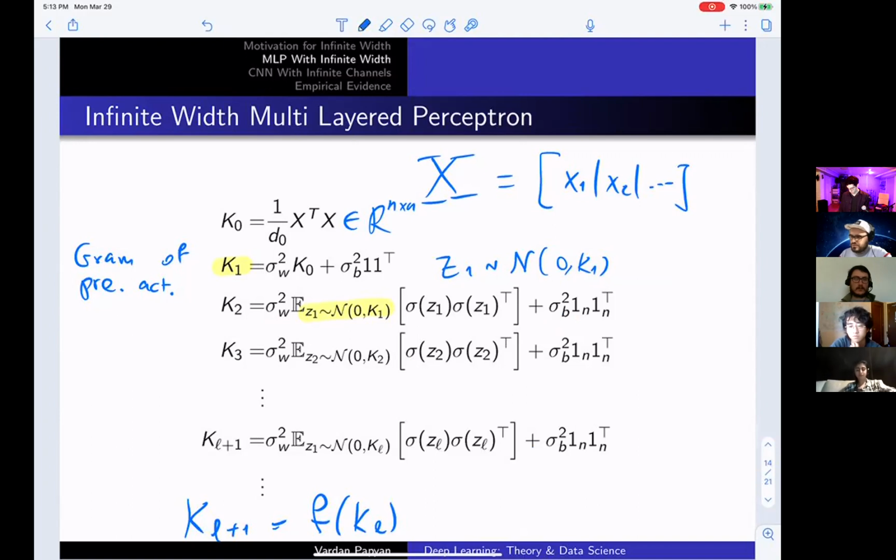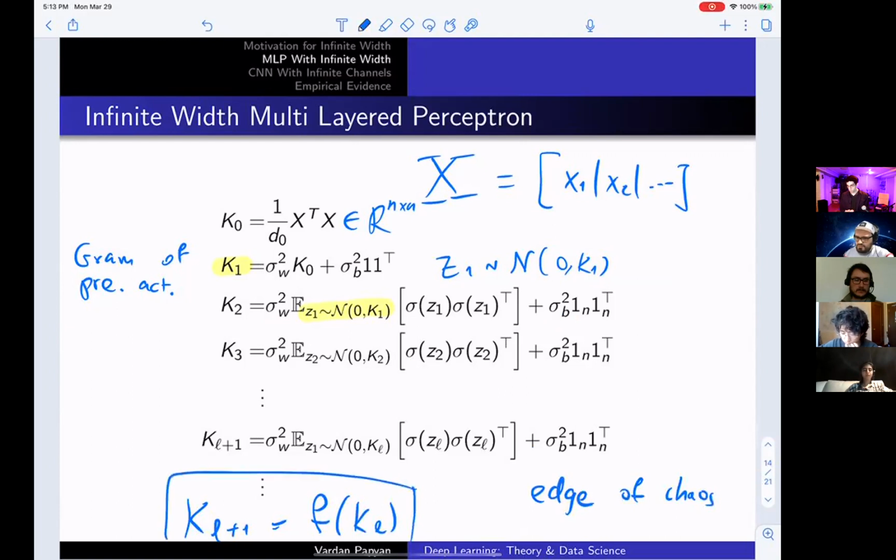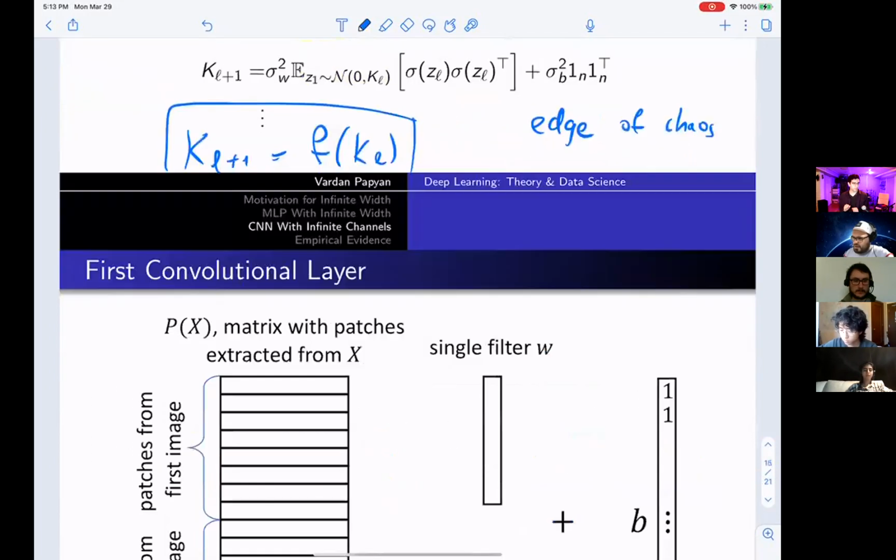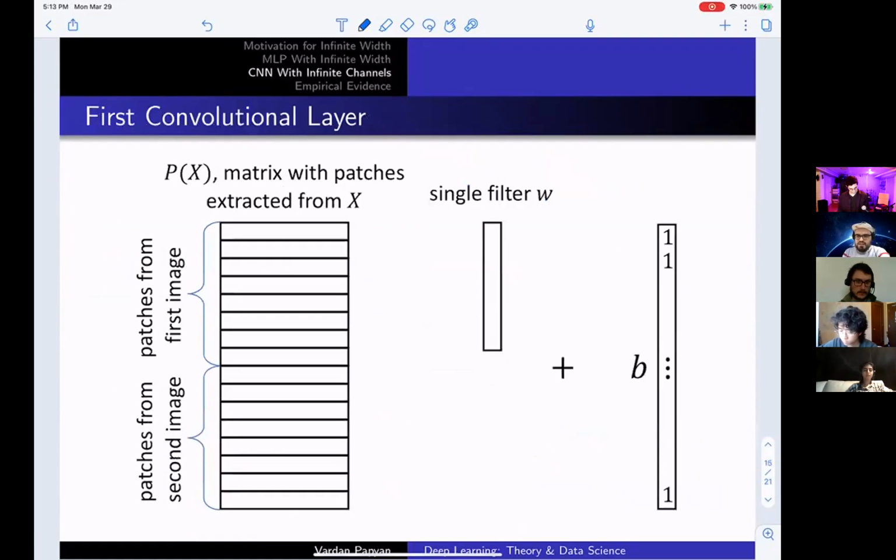Beautiful name. There's a paper that studies this equation in detail.